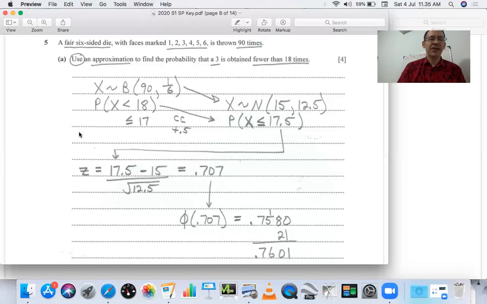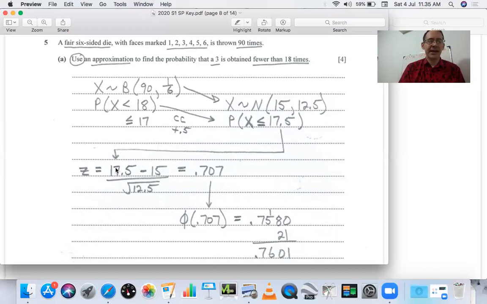We want to go less than. Well, if we go to 16.5 and go less, we're missing the 17. So we need to do the 0.5 on the right, which is 17.5. That way, when we go less than, we are including the 17. Okay, so 17.5 is with the continuity correction.